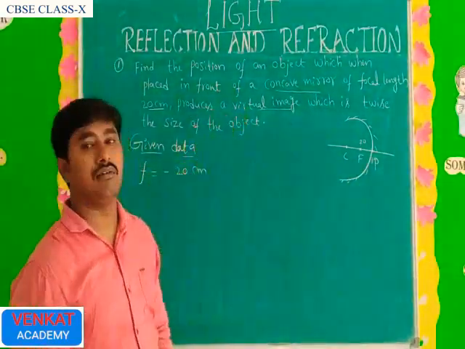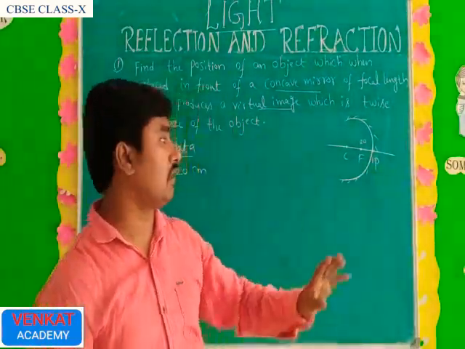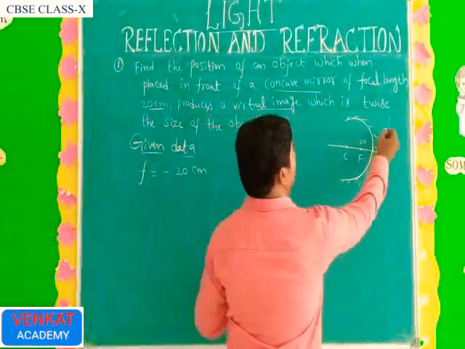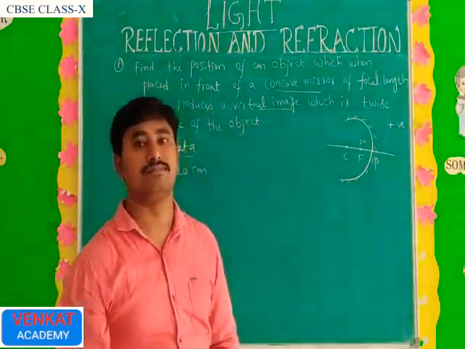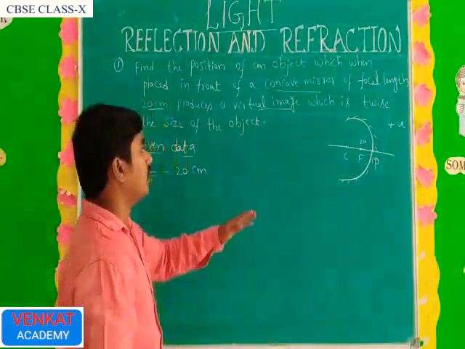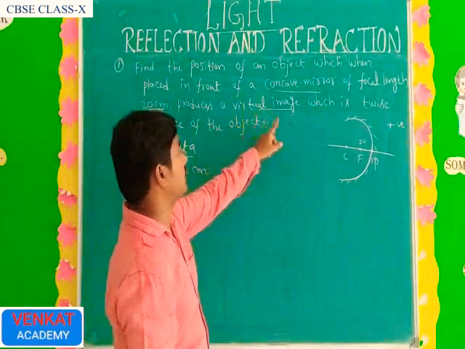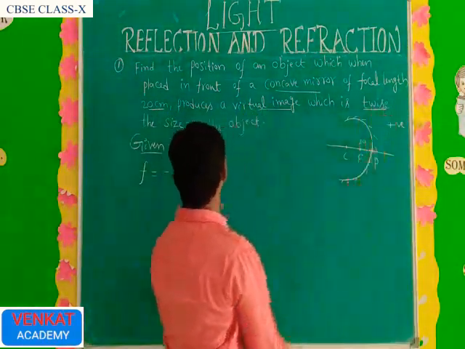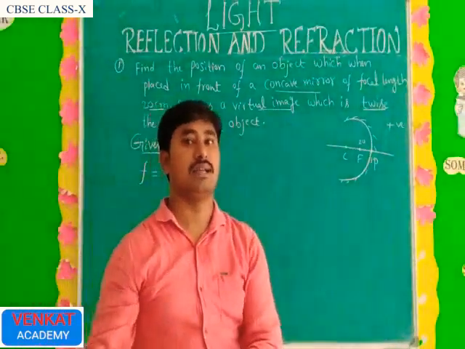Our answer must be more than the size of the object, and it is formed behind the mirror, and it takes positive values. That is our basic answer. So here the clue is the image is virtual, and also the image is twice the size of the object.